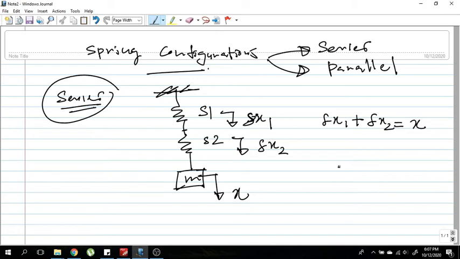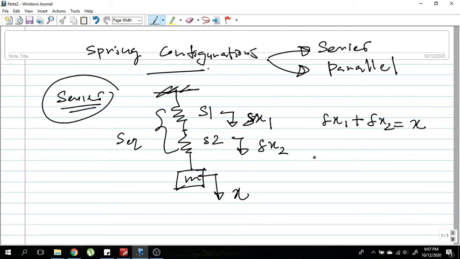Okay, so how to find the equivalent stiffness value? It is denoted as SEQ. So this is like capacitors. How to get the equivalent capacitance in series configuration?